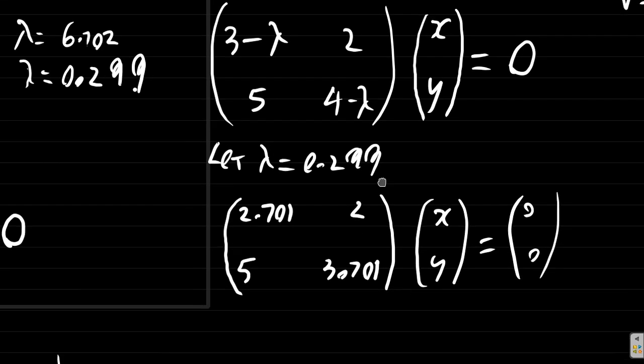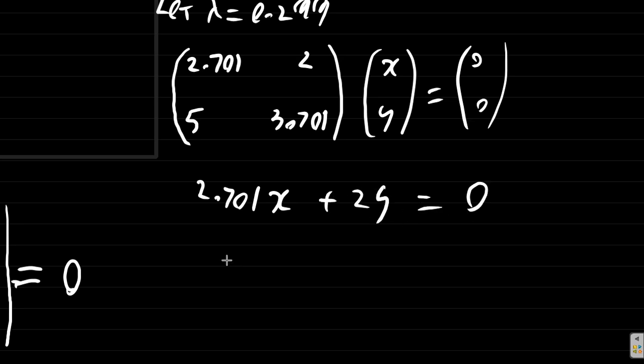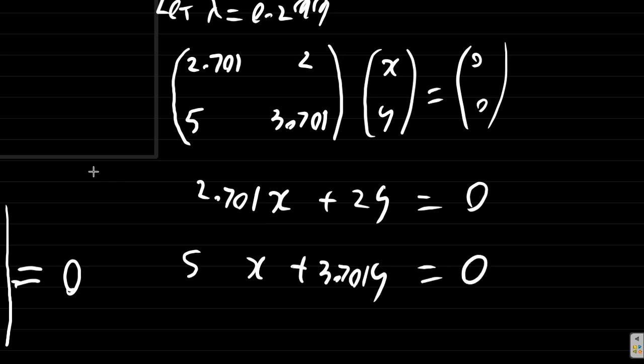Alright? So when we multiply out the brackets, we will have 2.701x plus 2y equals 0 and 5x plus 3.701y equals 0. Alright, let's write it in a matrix form now.